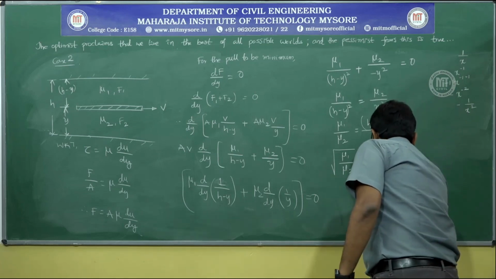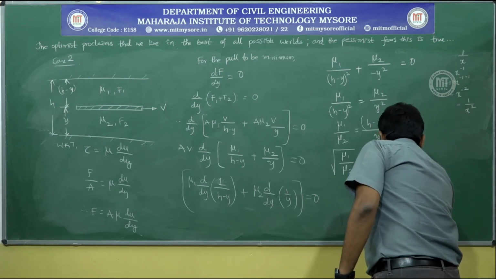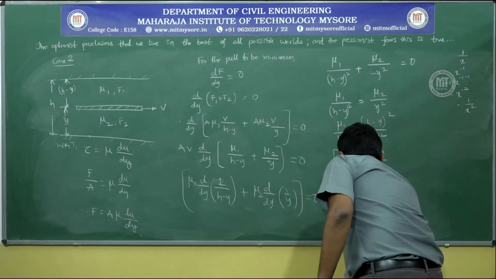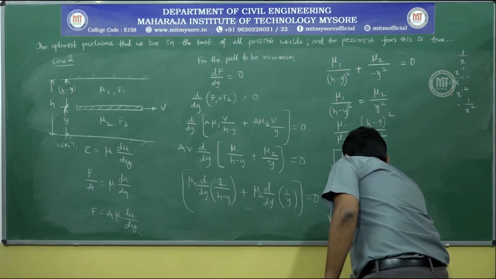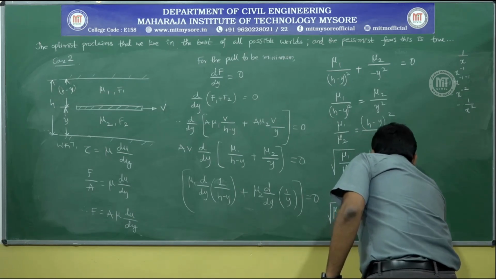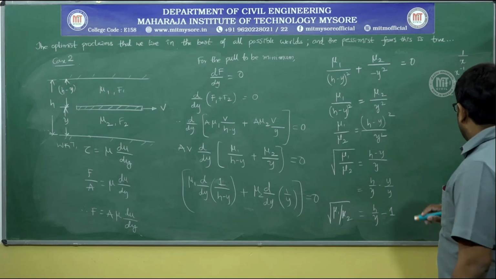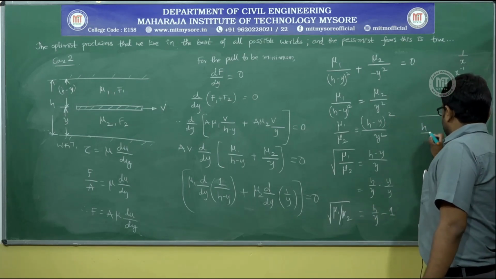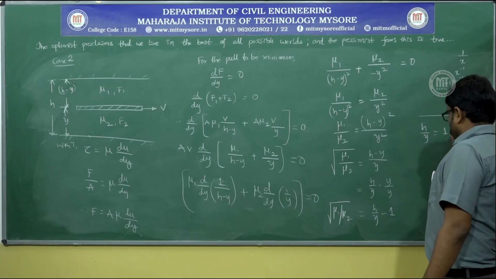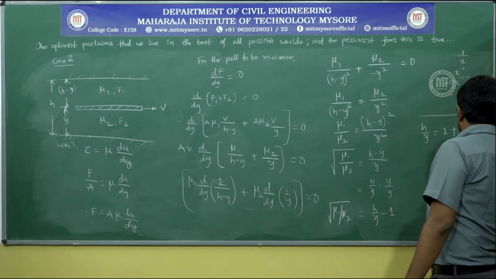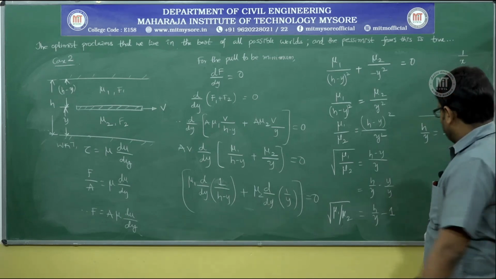This can again be written as h by y minus y by y, nothing but root of mu1 by mu2 is equal to h by y minus 1. On rearrangement, you have h by y is equal to 1 plus root of mu1 by mu2.